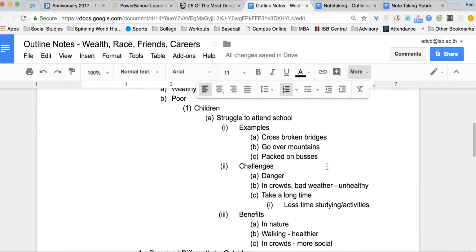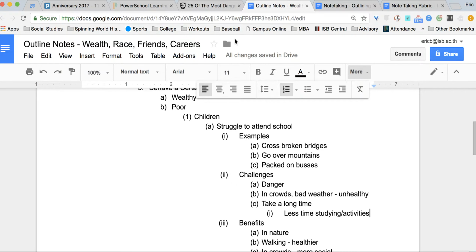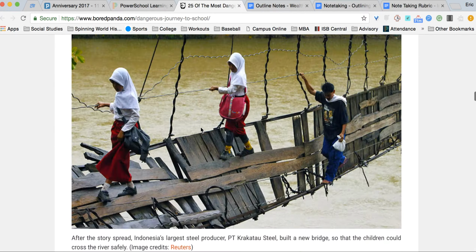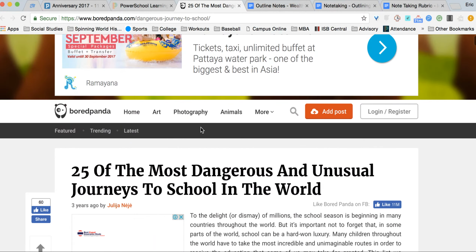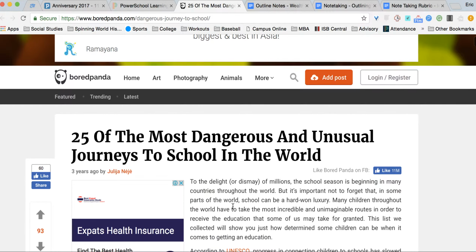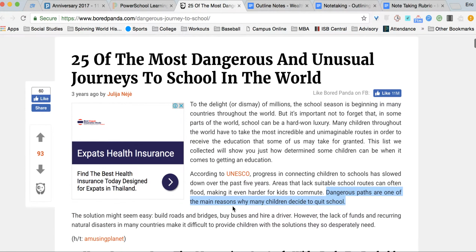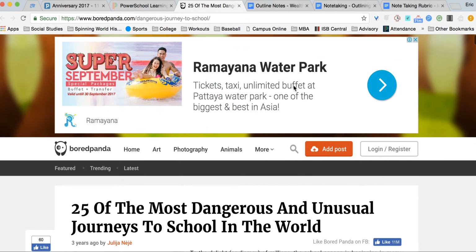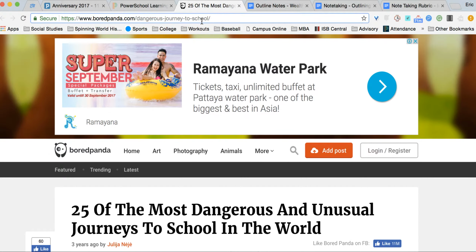Now, one thing I forgot to do is I forgot to do an analysis of the document. So let's look where this document's from. This is Bored Panda. Now what is Bored Panda? When I want to find out what it is, I click on all this and delete it, and I have Bored Panda.